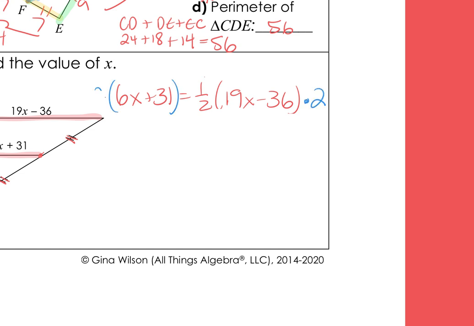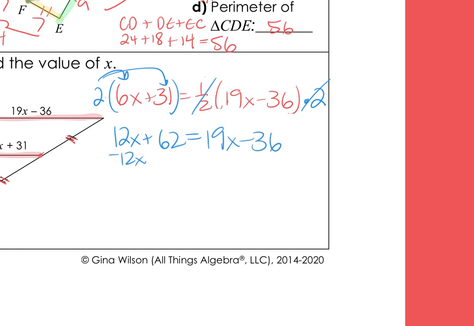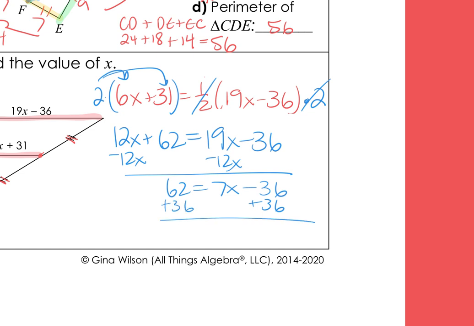And we have to do it like this on the other side. Put parentheses around all of that. So over here, we'll have 12x plus 62. On the right side, the 1 half cancels out. And now we go through and we solve. I'm going to bring the baby to the mama. Divide by 7.